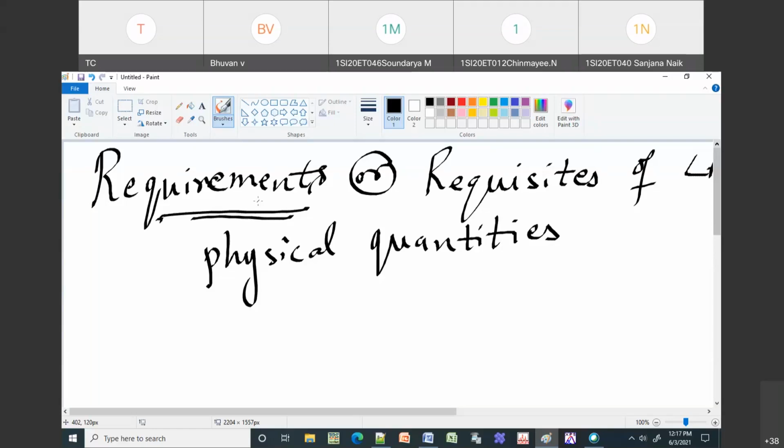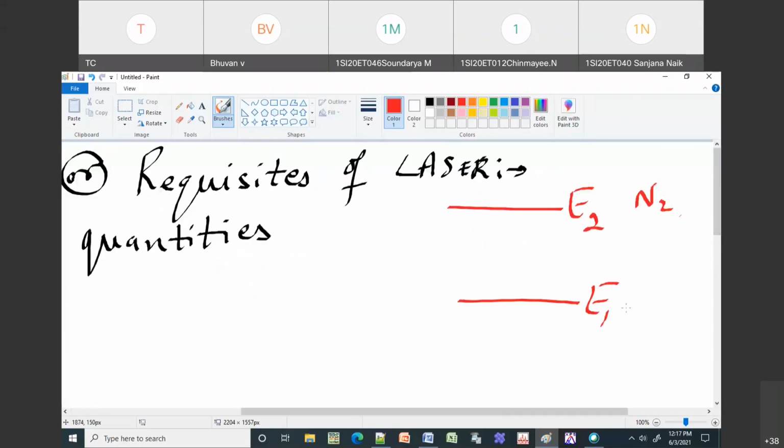For example, if you take any atom, similarly, it has N2 number of atoms.